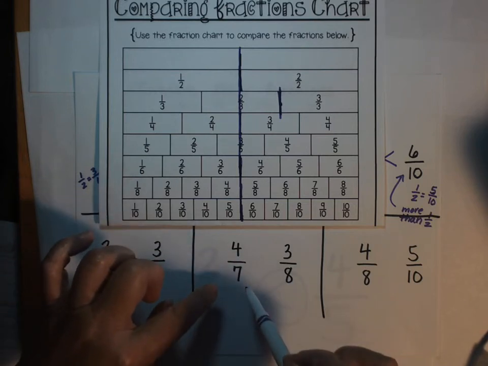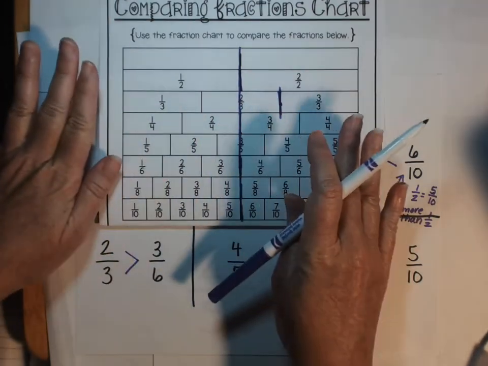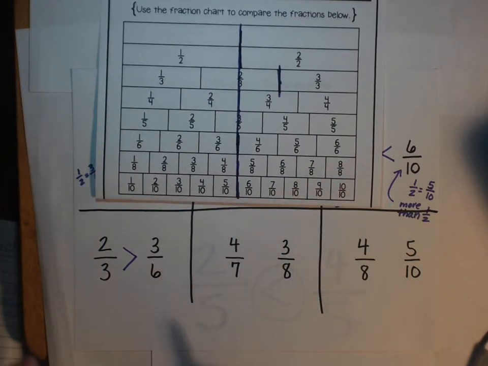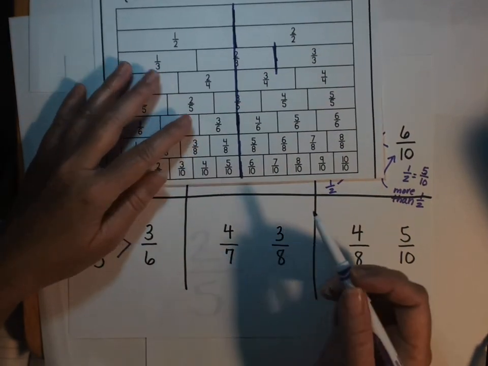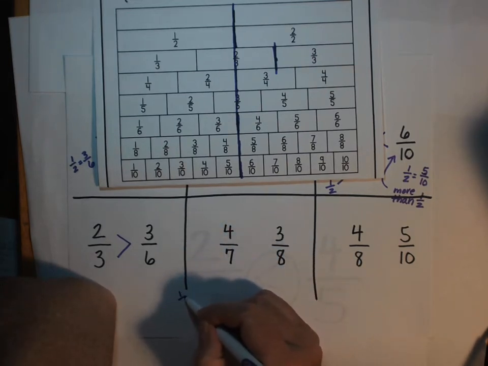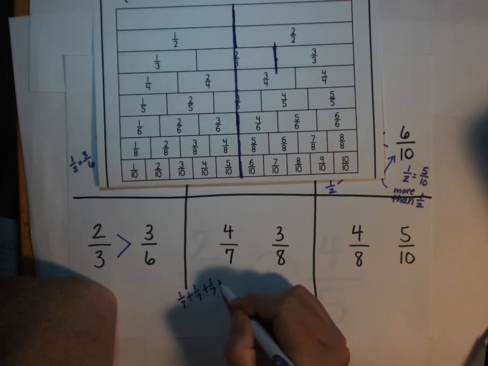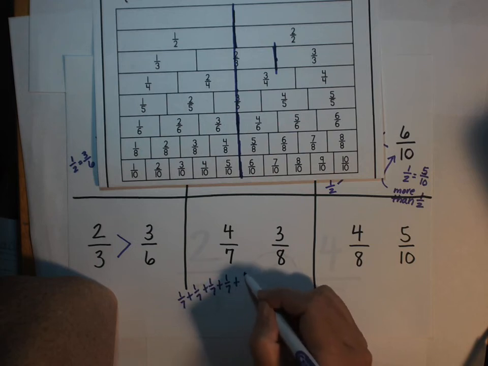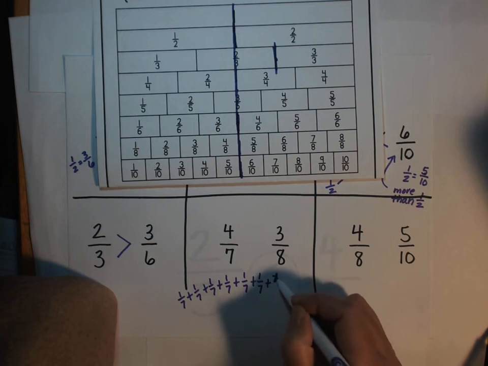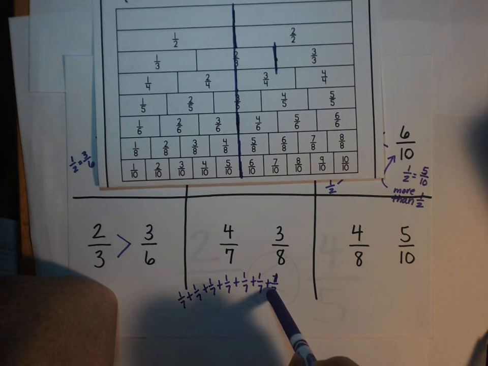Okay, let's look at 4/7 and 3/8. 4/7 is actually not on the chart, so we'll go ahead and think of your benchmark fraction 1/2. Okay, so if I have sevenths, I'm just going to write it out here. 1/7, 2/7, 3/7, 4/7, 5/7, 6/7, and 7/7. 1, 2, 3, 4, 5, 6, 7.